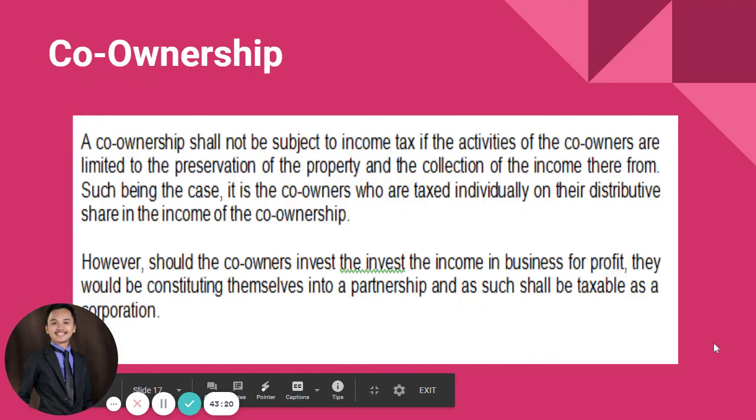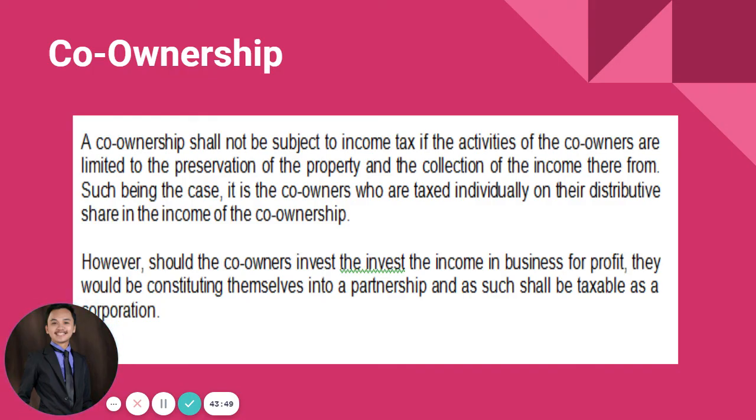Now, last is co-ownership, guys. So, what if there is a co-ownership? What is the tax implication if there is a co-ownership? When a co-ownership is present, a co-ownership shall not be subject to income tax if the activities of the co-owners are limited to the preservation of the property and the collection of the income therefrom.